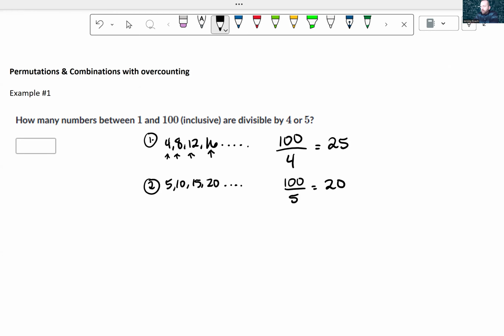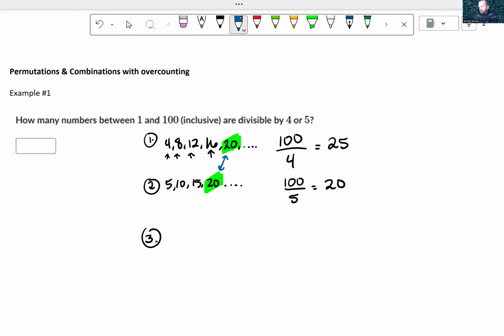Let's see if we can find what the overlap is. If we write our multiples of 4, I'm going to write this out to 20, and our multiples of 5, the least common multiple of 4 and 5 is 20. This is our first number that is an overlap number.